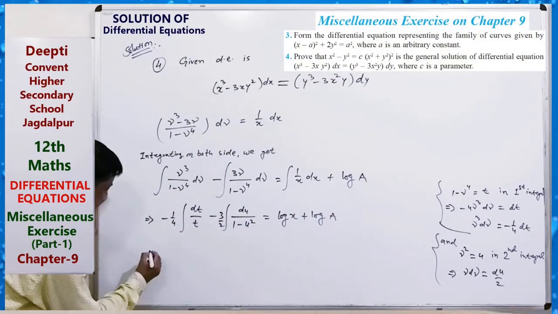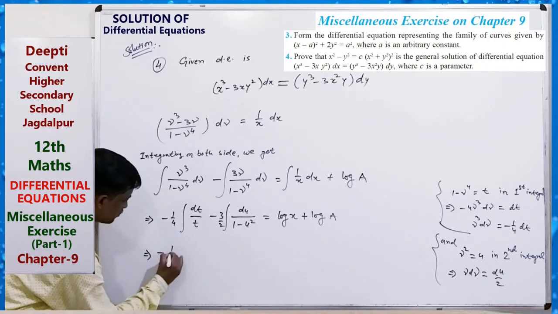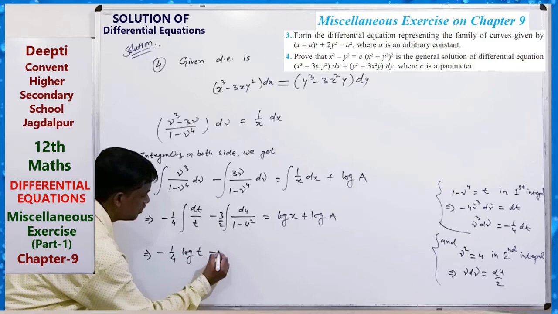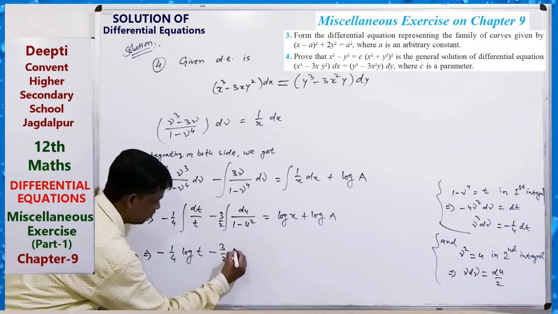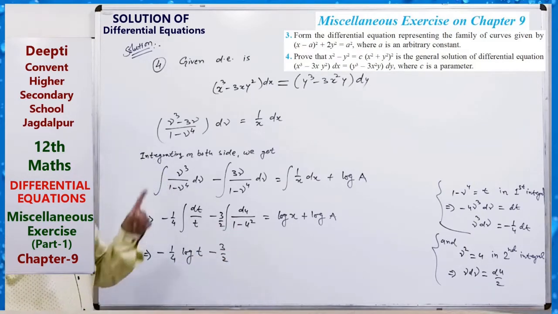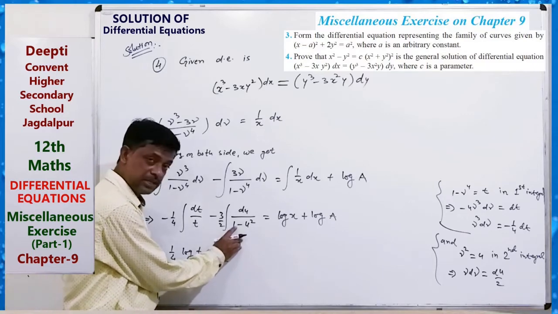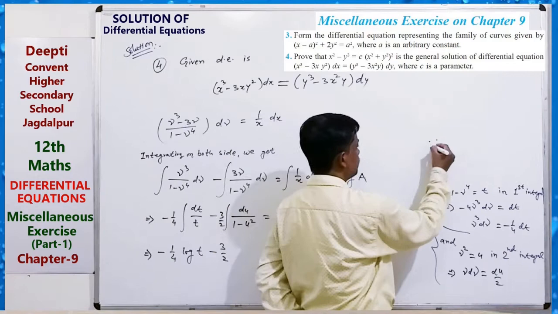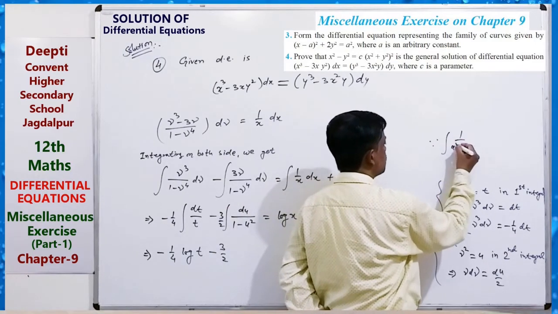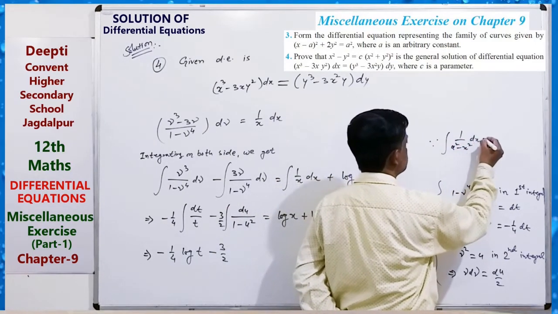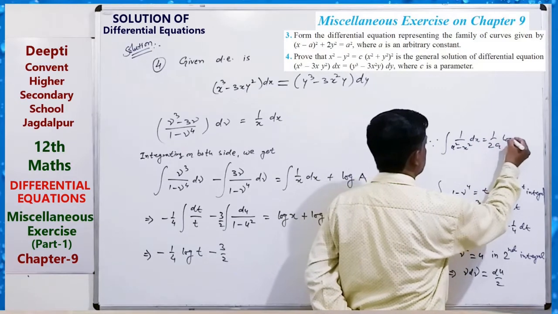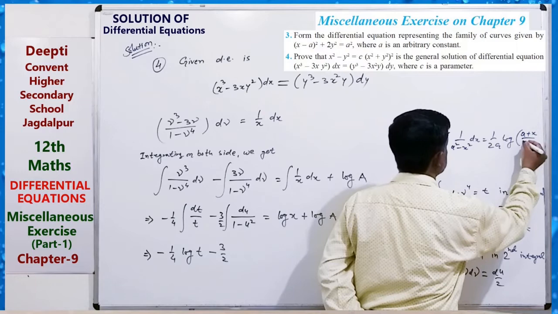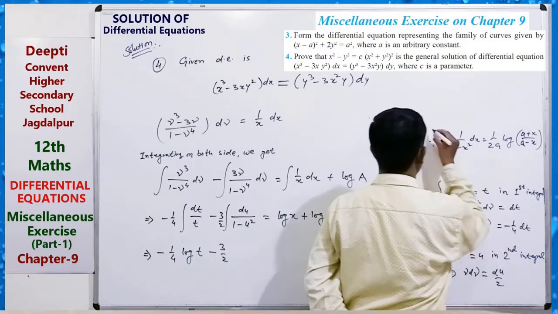So here we see that minus 1 by 4 log of t minus 3 by 2 integral of 1 upon a square minus x square. So we also know that integral of 1 upon a square minus x square dx equals to what? 1 upon 2a log of a plus x upon a minus x.